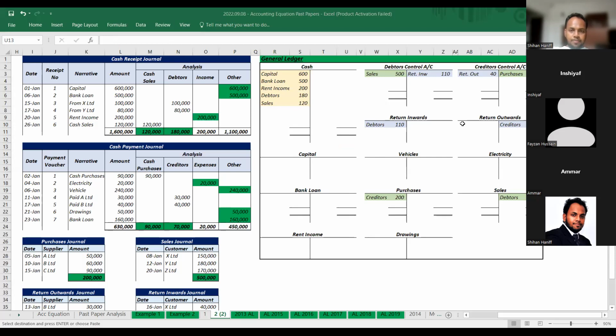Then I'll take capital 600, bank loan 500, rent income 200, debtors 180, and sales 120. Cash account debit, the relevant account is credit.